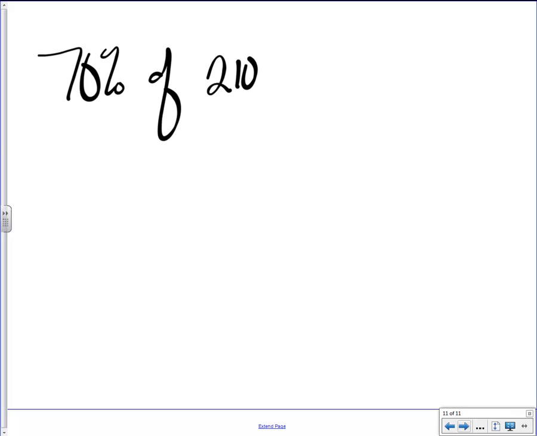Let's try one more. What is 70% of 210? What number? Okay, so they rearrange things. But it doesn't matter. They want you to solve the problem in the exact same order that you see.